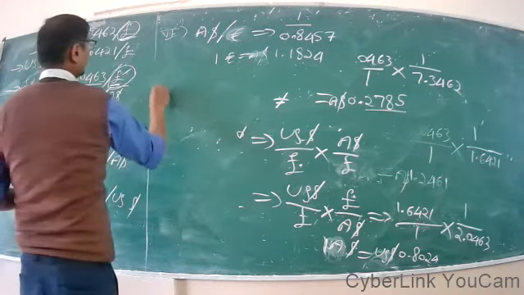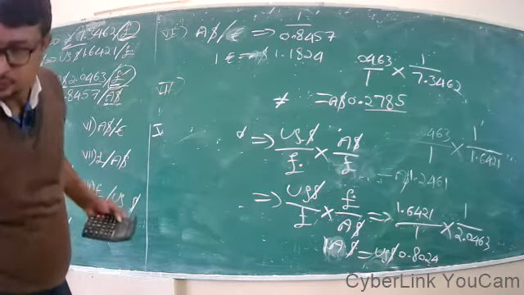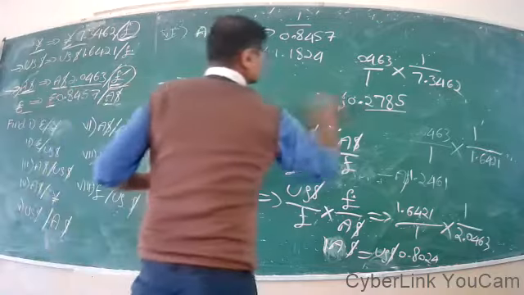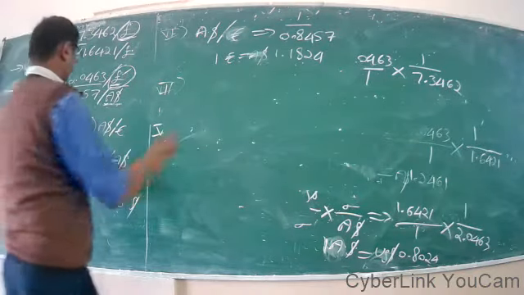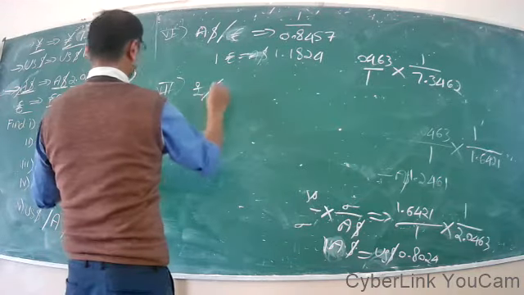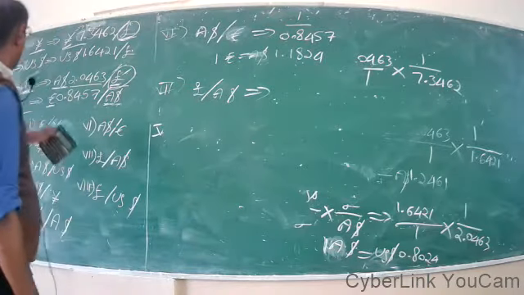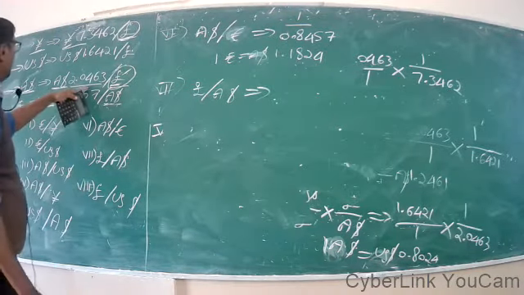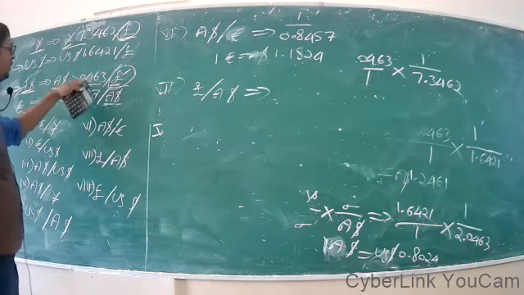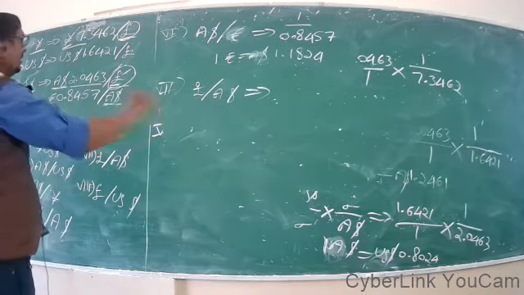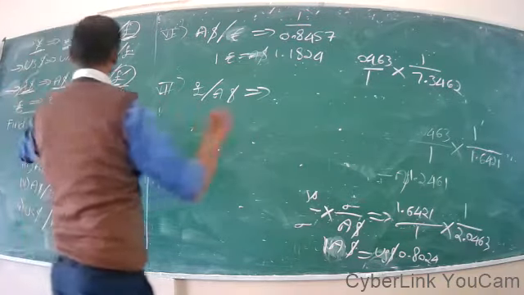Right? In the seventh question, they are asking sterling pound per Australian dollar. In the given quotation, Australian dollar per sterling pound, that is 1 sterling pound is equal to Australian dollar 2.0463. But they are asking what will be the cost for 1 Australian dollar, that is per Australian dollar.